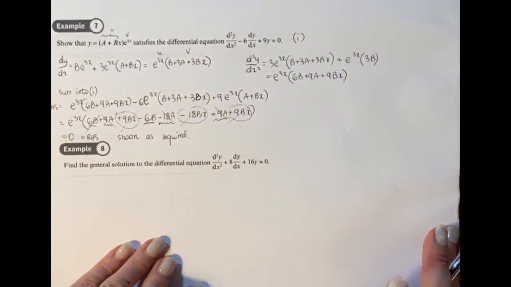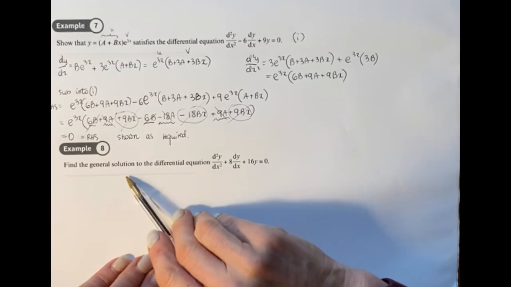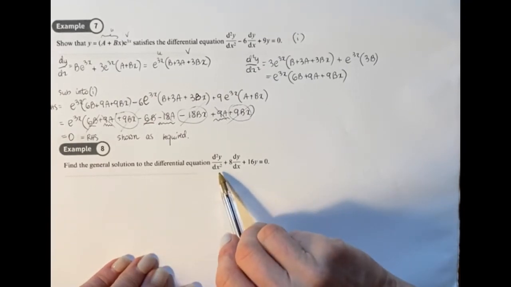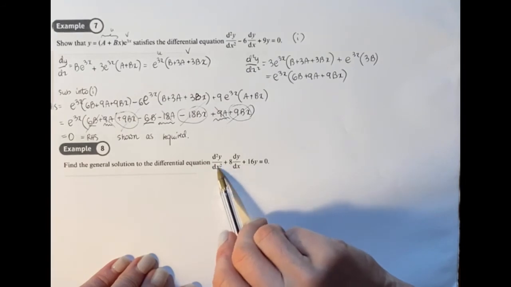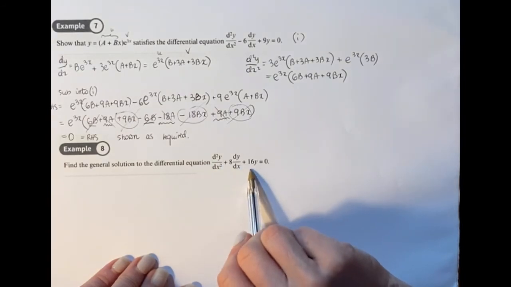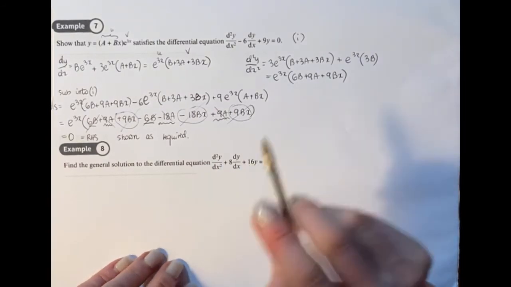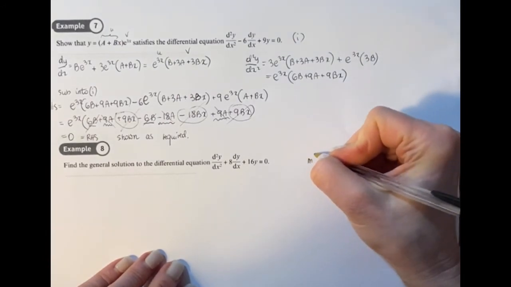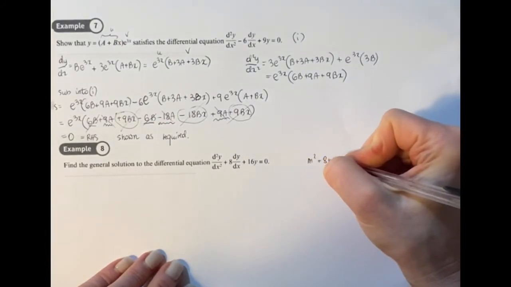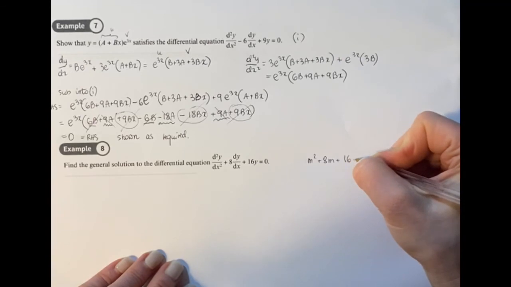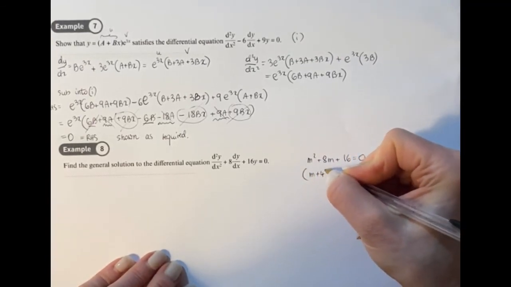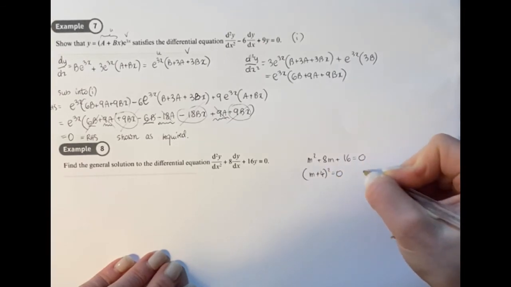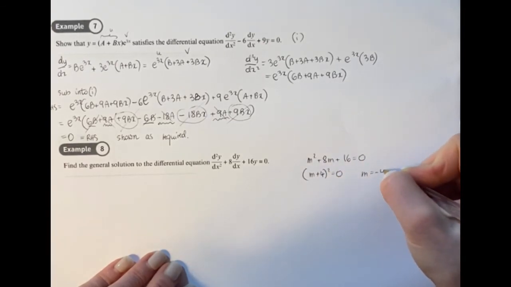Okay, example 8, we are asked to find the solution to this differential equation. You notice it's nicely already lined up, the second derivative followed by the first, and the y function equals 0. So the auxiliary equation that I'm going to focus on looks like so. This is a perfect square. So m is equal to minus 4.